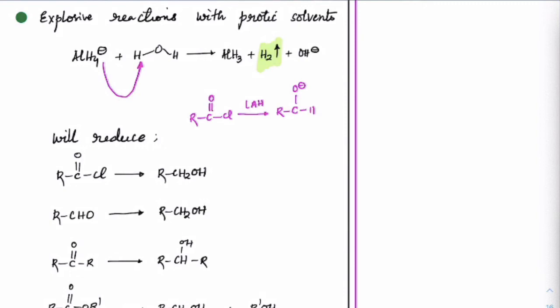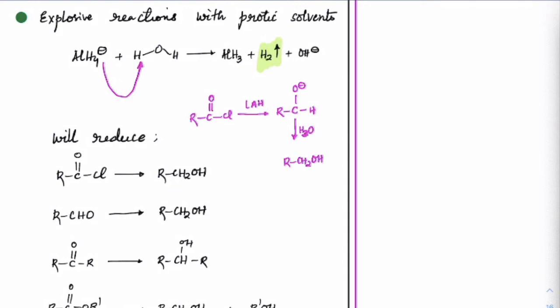And the second thing is we'll add water, H2O, and that's how we will get CH2OH. So in short you can see that this chlorine has been replaced by hydride, H minus. All the reactions are doing the same thing. They are first making an alkoxide, and the second step is hydrolysis.